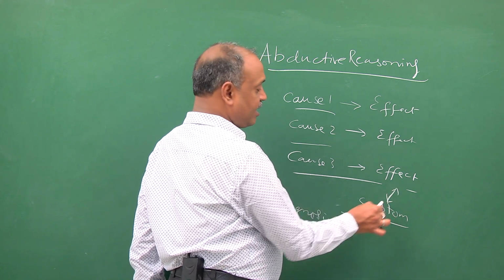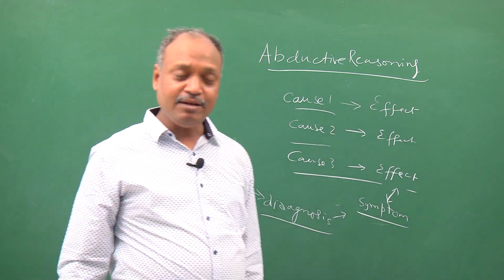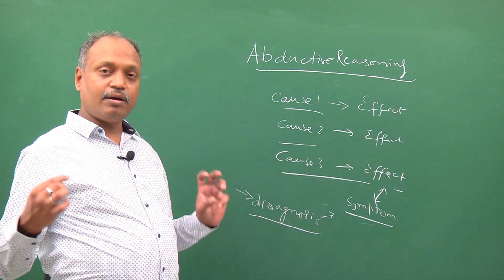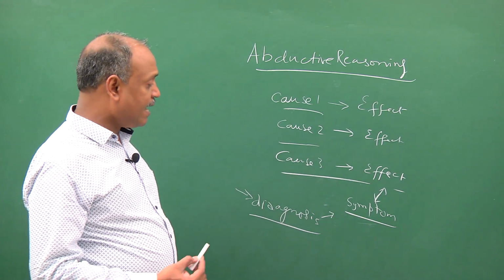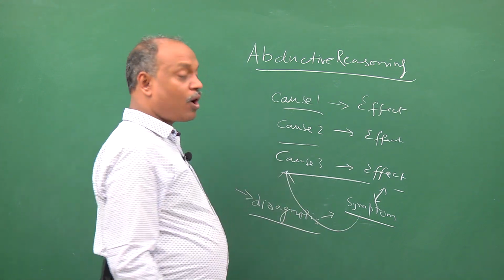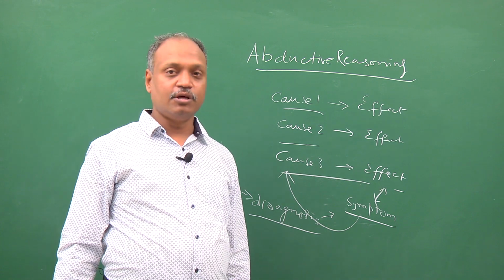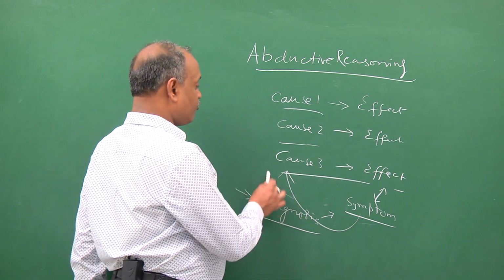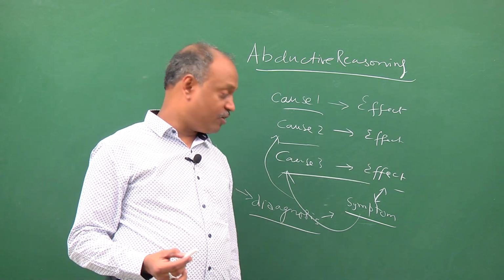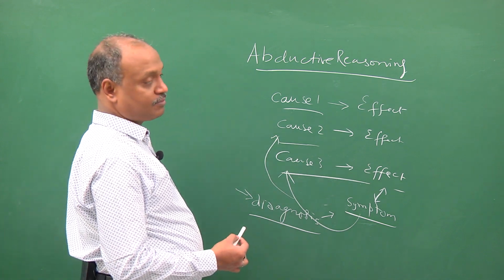Symptom is nothing but a visible effect. And in presence of a visible symptom, our problem in AI is to infer what is the most likely cause, or is it a combination of multiple causes? That's a very common requirement in AI systems.